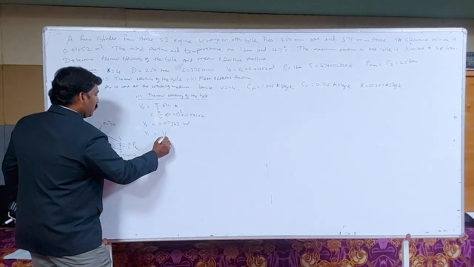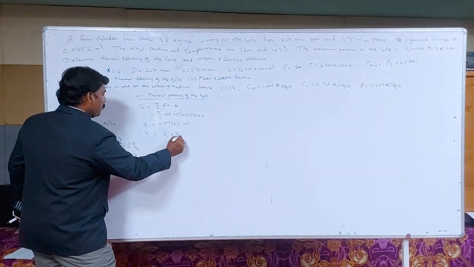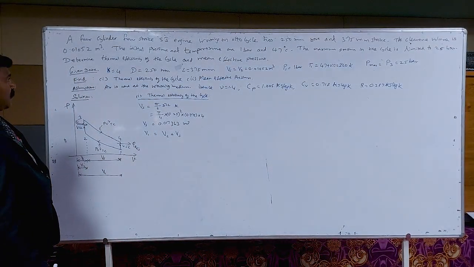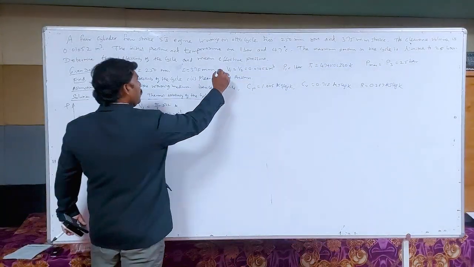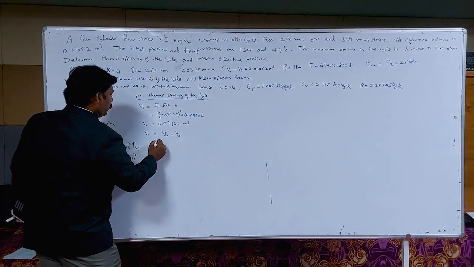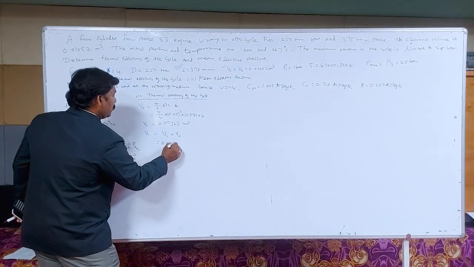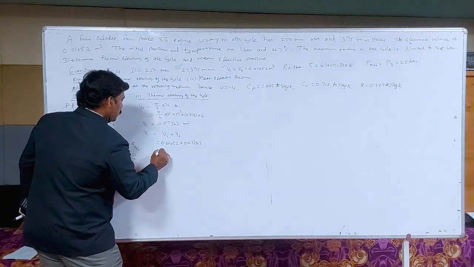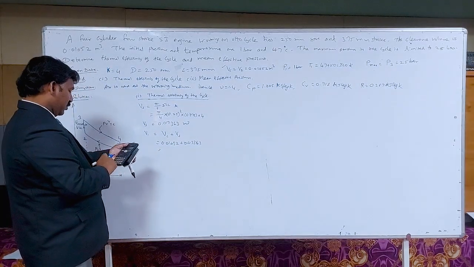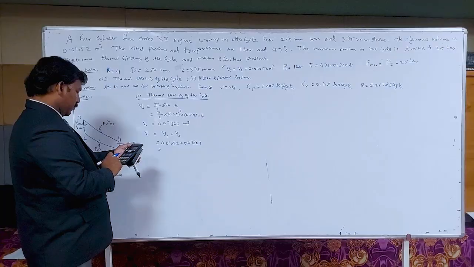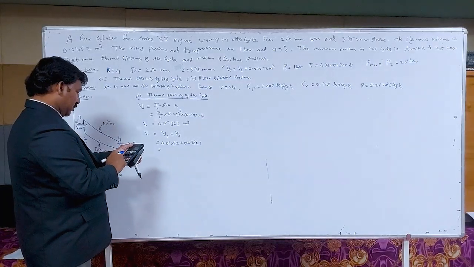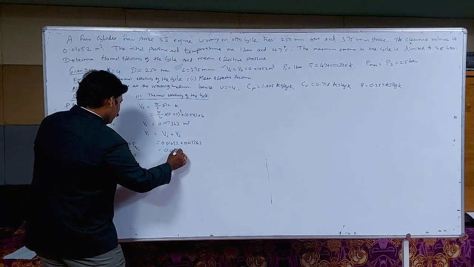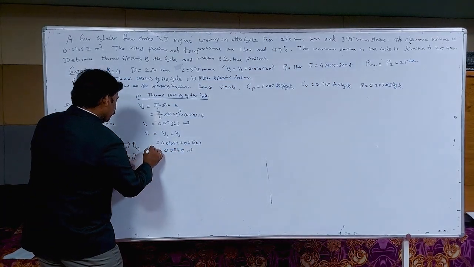V1 is equal to Vc plus Vs. We know Vc, which is equivalent to V2, therefore 0.01052 plus 0.07363, you will get 0.08415 meter cube. This is V1.